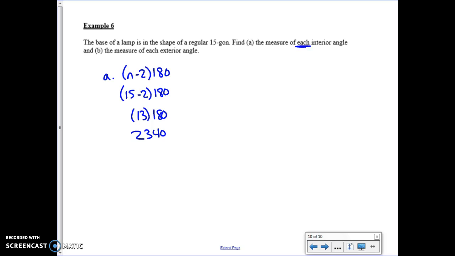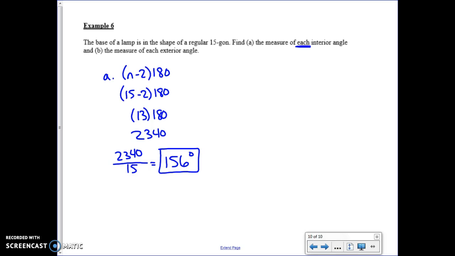I want to know each interior angle. So then I need to take 2,340 and divide by the number of angles that I have. In this case, I have 15 angles. So 2,340 divided by 15 is 156 degrees.